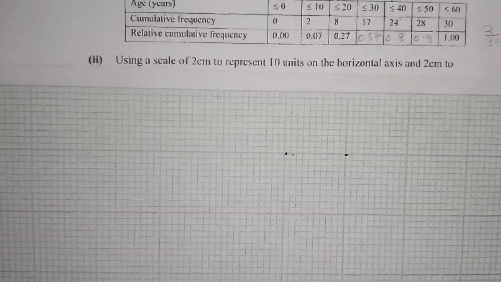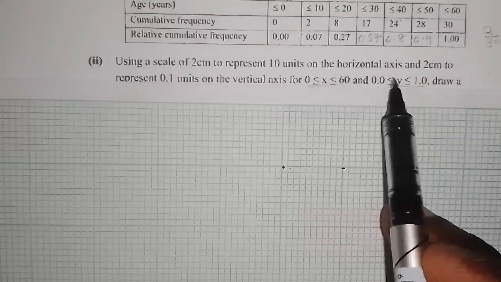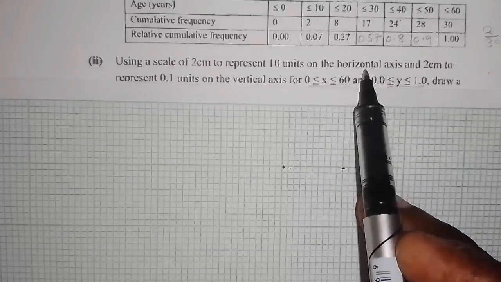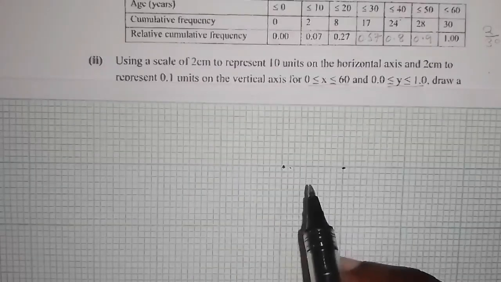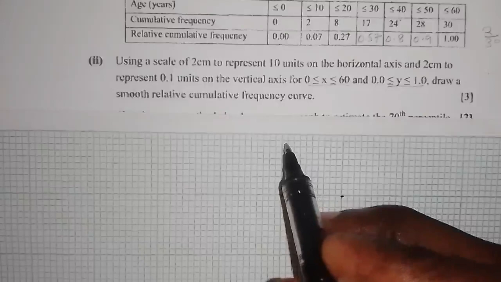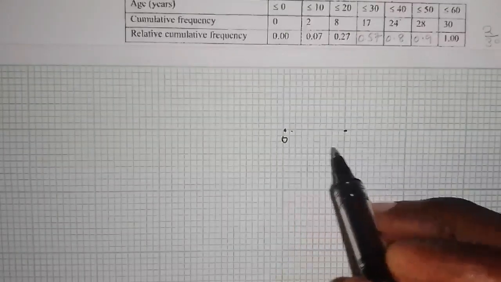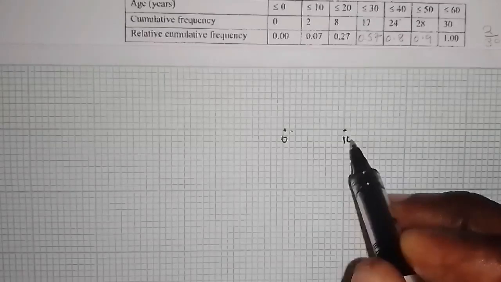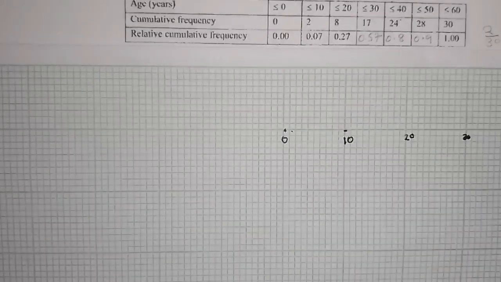For the horizontal axis, which is the x-axis, 2 centimeters represents 10 units. So if we put 0 here, the next one will be 10, then 20, then 30, just like that.